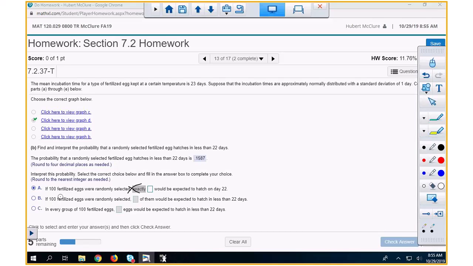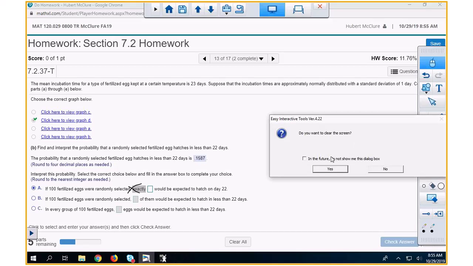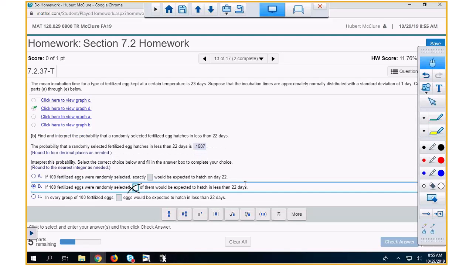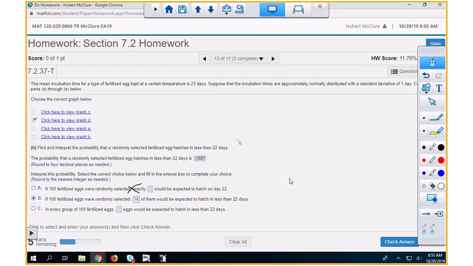So I like B myself, because it says if 100 fertilized eggs were randomly selected. Why am I saying 16? Because who in here has heard of a 3/100th of an egg? Okay, so you're not gonna write a decimal. I'm gonna say 16.